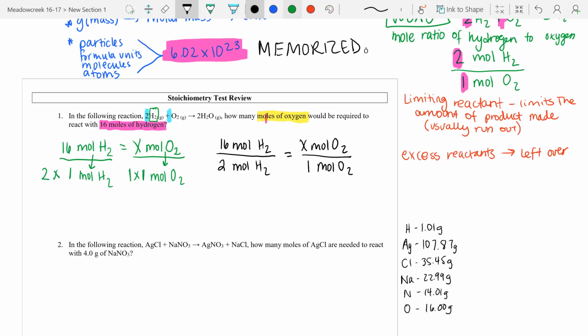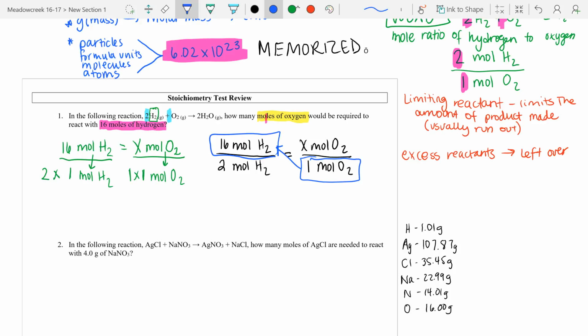When I cross multiply, it's important to note that I'm multiplying the entire bottom by this top left corner, and that we only have to cross multiply in that direction in order to get x by itself.